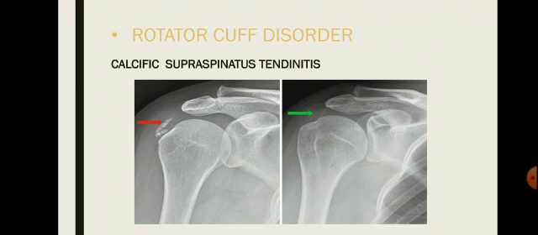When we press below the acromion process, it causes pain. But in abduction, that bursa I mentioned previously will be caught between the tendon and the acromion, so there won't be any pain by pressing at the same point. This is called the painful arc.